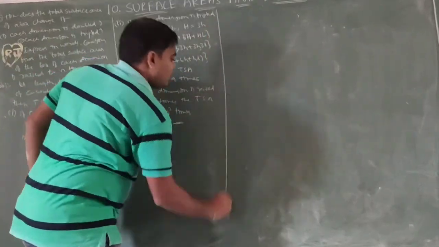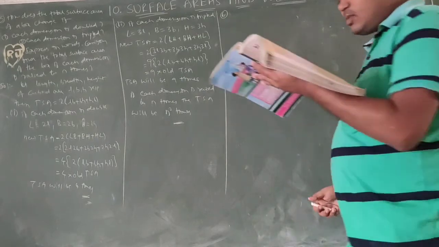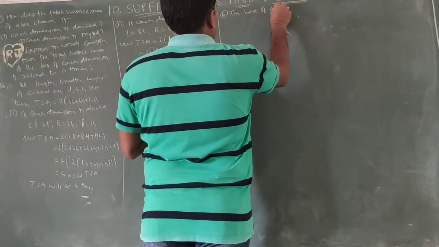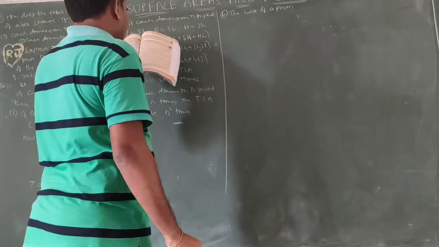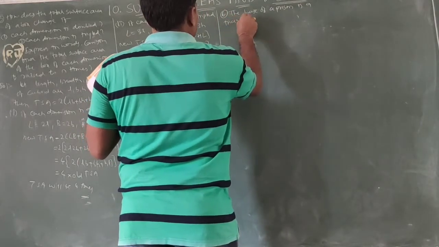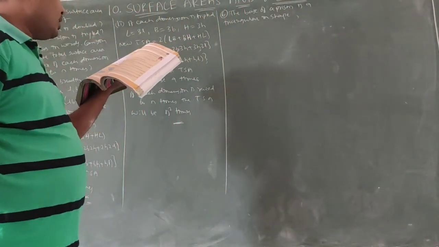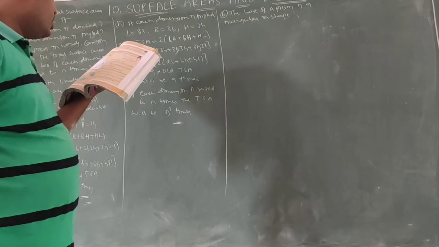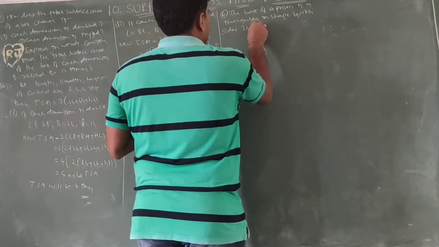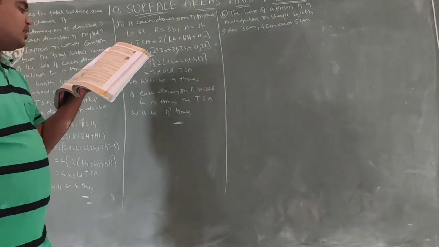Okay, next, question number 6. The base of a prism is triangular in shape, with the sides 3 centimeters, 4 centimeters and 5 centimeters.